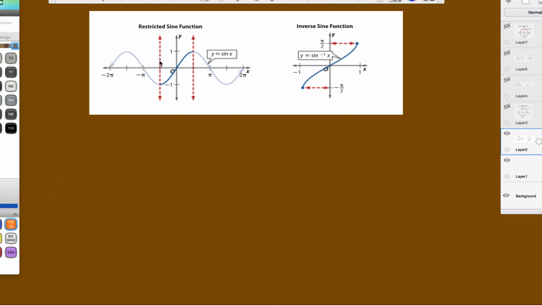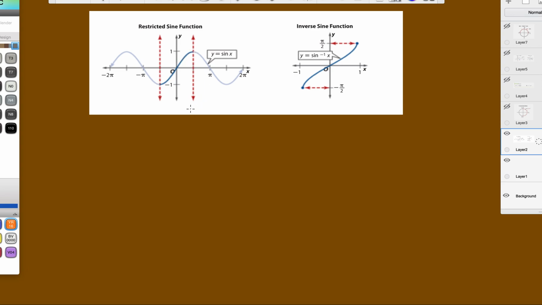If I draw a horizontal line, you can see that once it starts to repeat, all those sine y values on the unit circle, after a certain point, they start to repeat. So we can't have it work that way. But we can restrict our sine function to a portion that does not repeat.